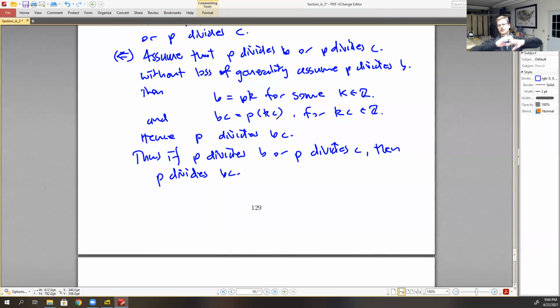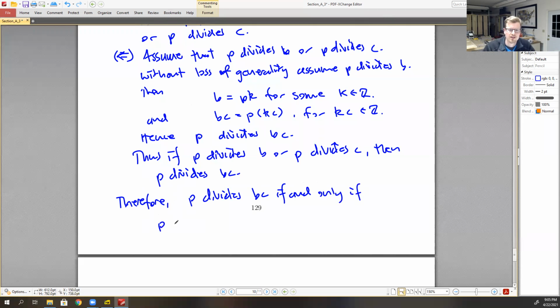And now we can give the conclusion to the entire proof, which is the if and only if statement. Therefore, P divides BC if and only if P divides B or P divides C. And that's it.